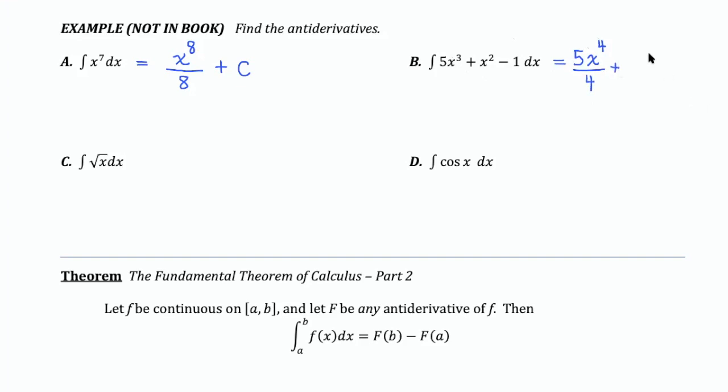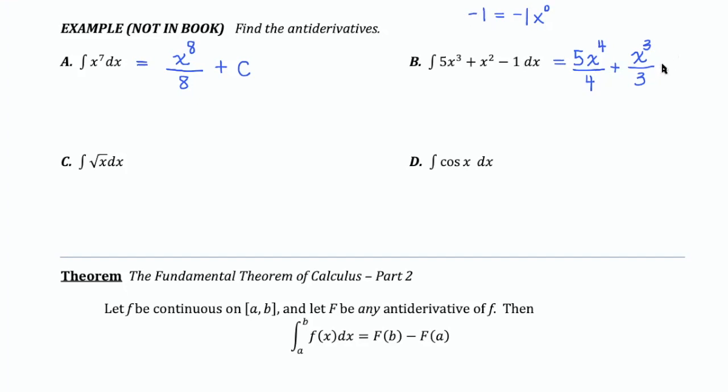Add to that, we're going to take x squared, increase the exponent by 1, make it x cubed, and divide by that exponent. And this last one, if you had a constant, the constant -1 is the same as writing it as -1 times x to the 0 power, because anything to the 0 power is 1. 1 times -1 gives you -1.